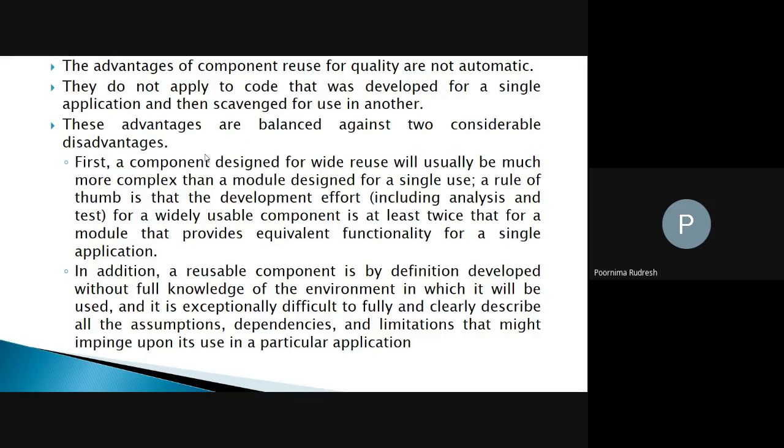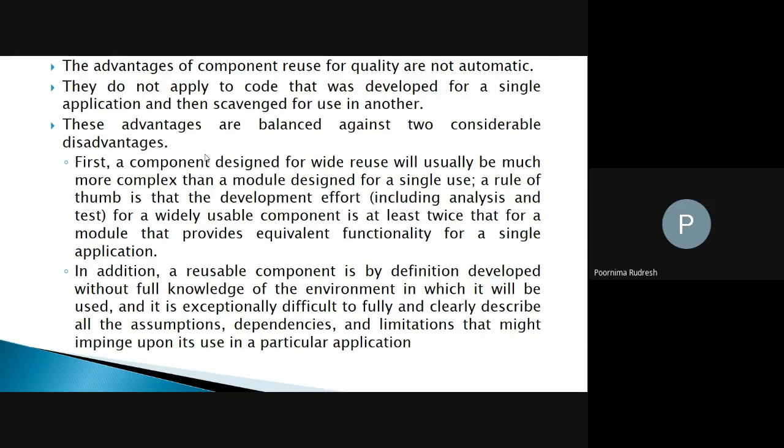So when we develop a module or component for a single use, it is simpler when compared with components designed for reusability. Obviously the complexity increases there, but a module designed for a single use is simple, or not very complex.